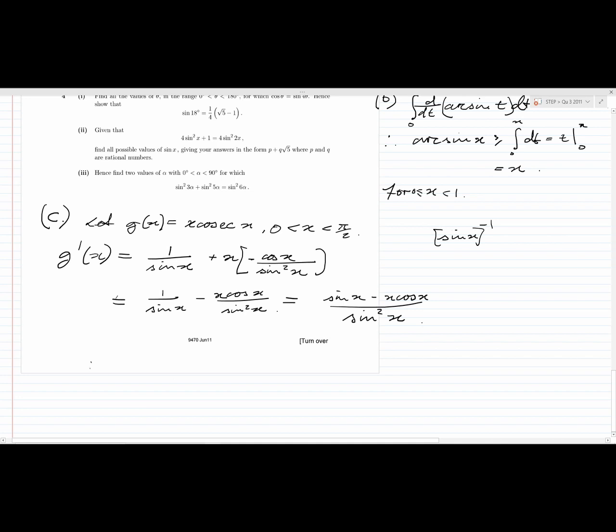So since sine squared x is greater than 0 for x greater than 0 and less than pi by 2, we then investigate the top part.